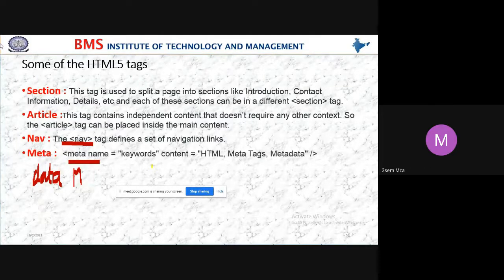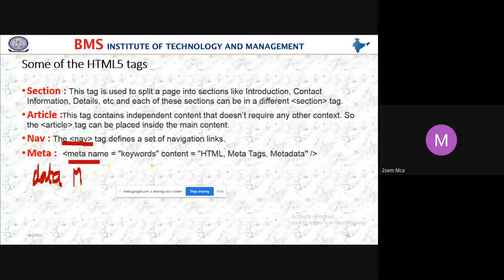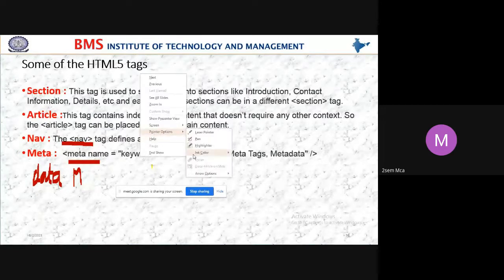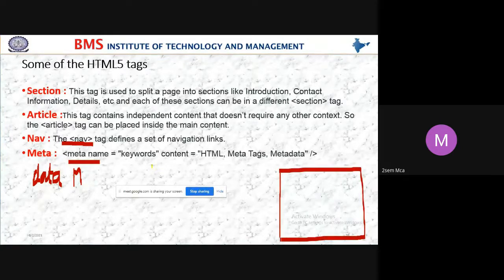Yes. So here we have article tag and section tag. The section tag is nothing but the web page will be divided into different sections, like how we have seen in the frame tag. In the frame tag also we have divided the web page into different sections, row wise and column wise.